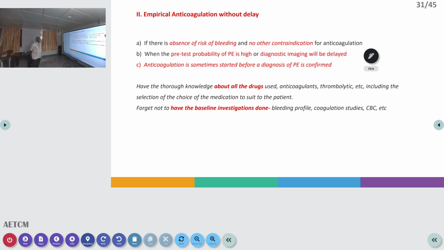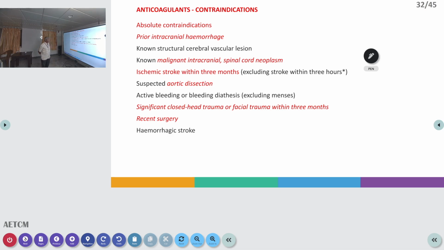So sometimes we need to start the anticoagulation even before the diagnosis of pulmonary embolism is confirmed. So the most important thing, you should have a thorough knowledge about all the drugs used, anticoagulants, thrombolytic agents, including the selection of the choice of medication to suit the particular patient. So don't forget about the baseline investigations, bleeding profile, coagulation study and CBC, and they should be repeated again and again at periodic intervals to know the therapeutic efficiency of whatever drugs you are giving.